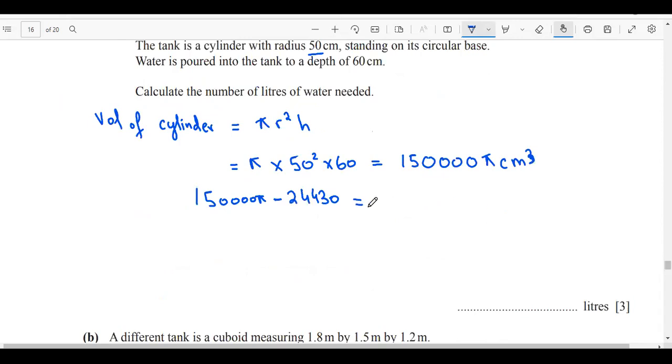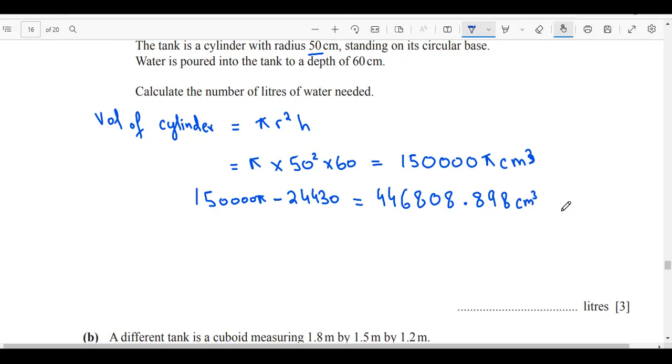So this value minus 24430, and I would get 446808.898 centimeter cubed. Okay, I'm writing it down completely because I need to explain something.